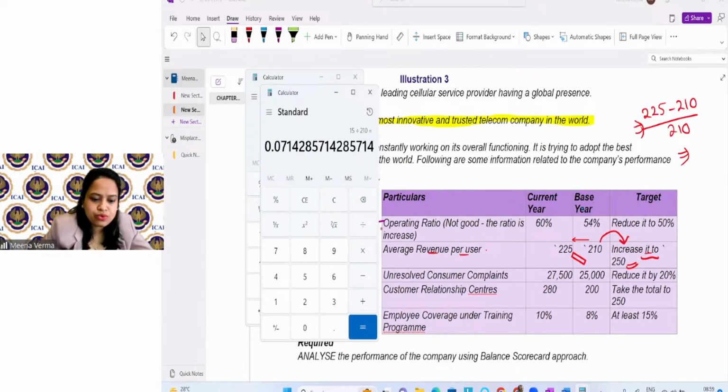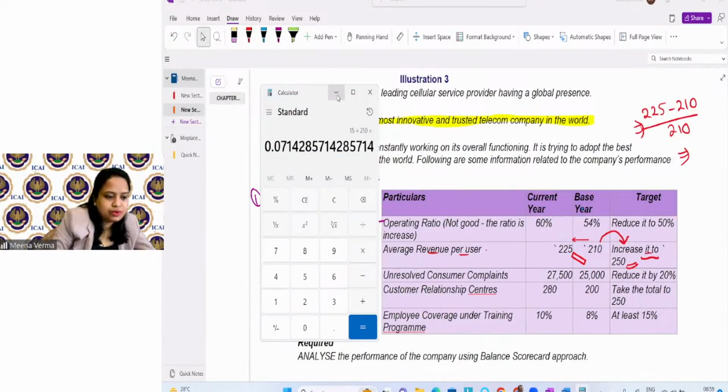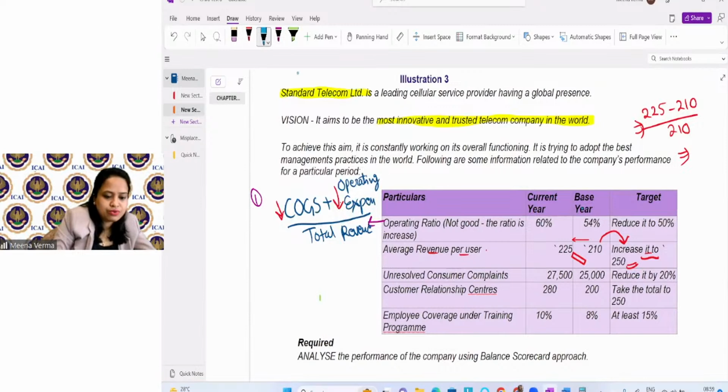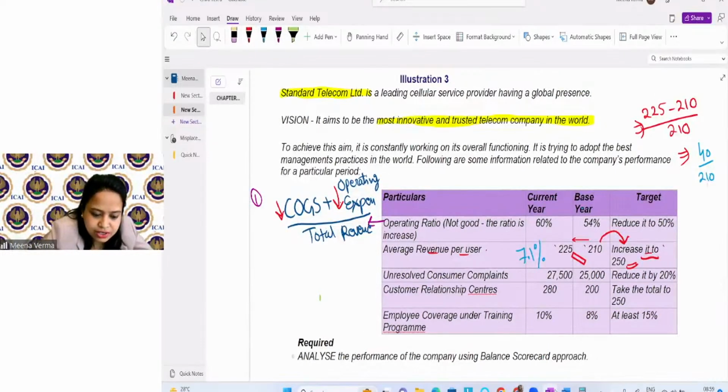So this is improved only how much? 7.1%. This is only improved by 7.1%. What was your target to improve it more, right? 250, matlab 40 divided by 210. How much have you targeted?